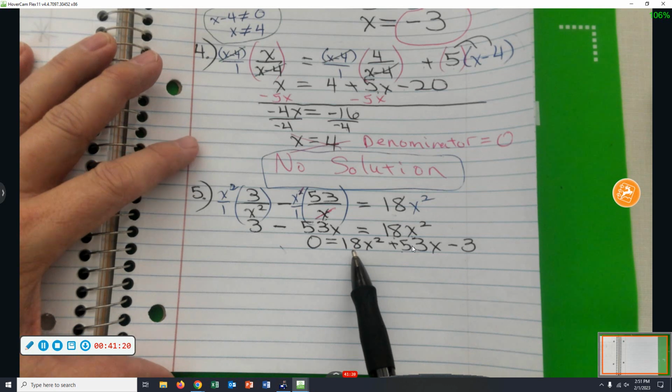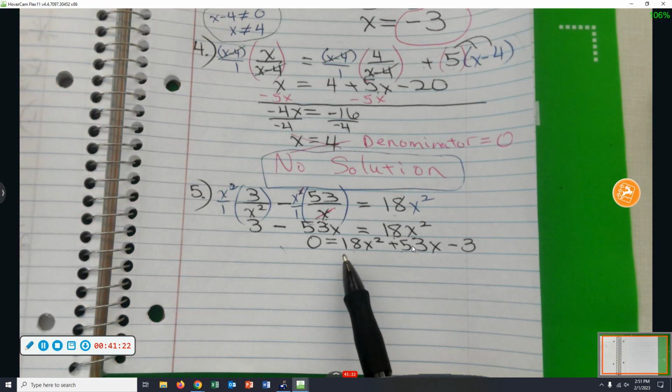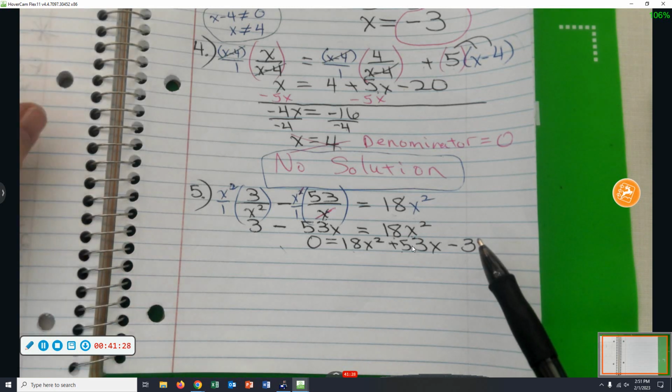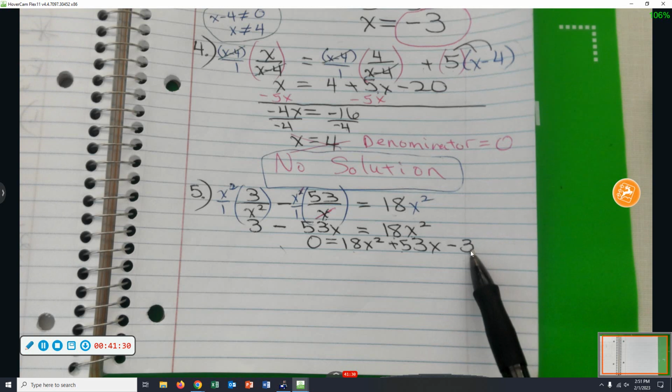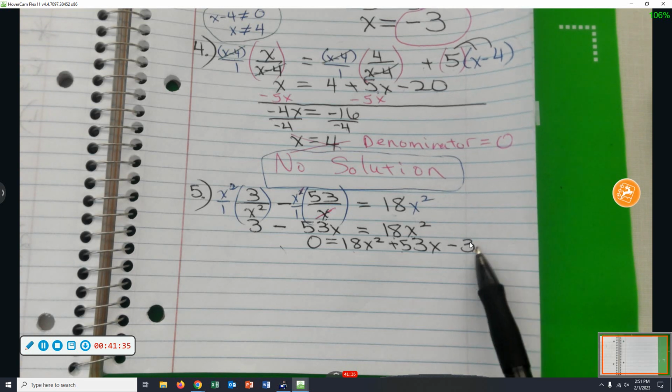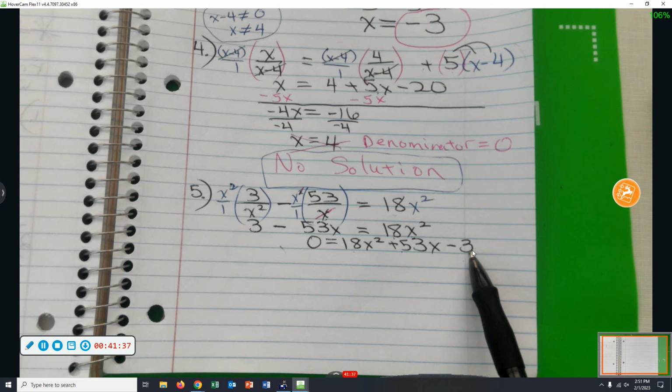Now, for 18x squared, there's 1x times 18x, 2x times 9x, 3x times 6x. I know 3 and 6 can't work, because remember, you can't have a common factor inside parentheses. For 3, there's only one possible pair. What is it? 1 times 3.